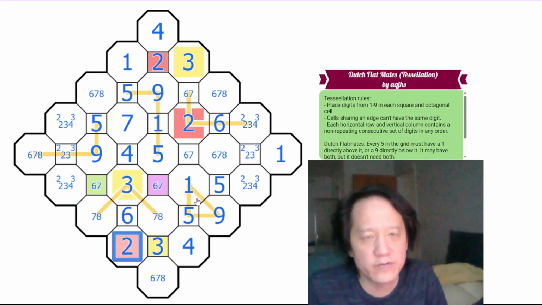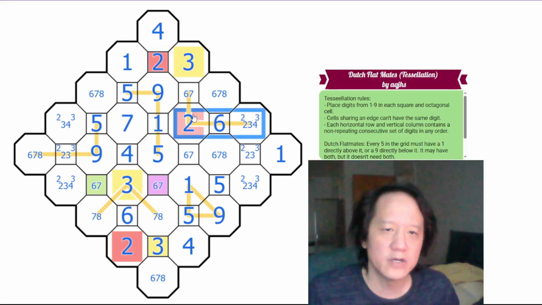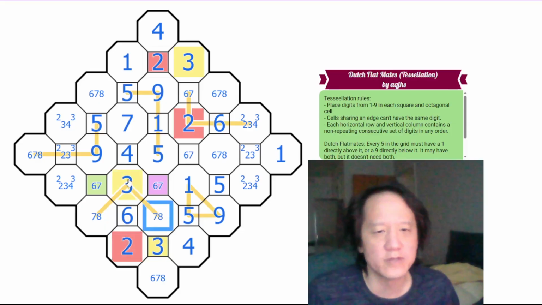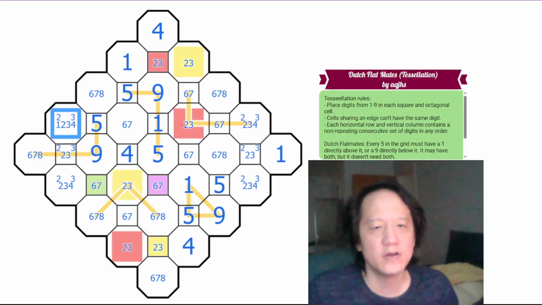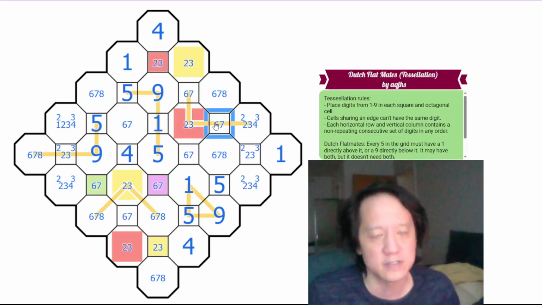This is 2, obviously. This can't be 2. That's the problem. Because this is 2 and it's the same as that, this has to be 3. Okay, so the bad assumption then is if yellow is 3, that forces this to be a 7-8 pair, which forces this to be 6, which makes that 7, which makes that 6.